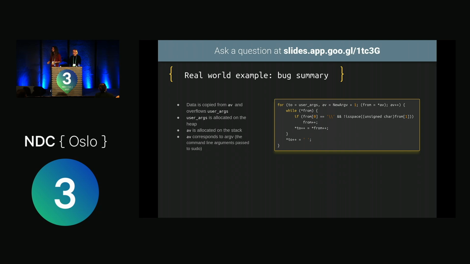The size has been determined up front, and sudo has allocated only enough space to hold the characters in the command line arguments. And then another fun fact here is that av is actually allocated on the stack. So the argument vector, when you start a C program, the Linux kernel will just copy all the command line arguments onto the stack for you. So this memory is actually coming from the stack.